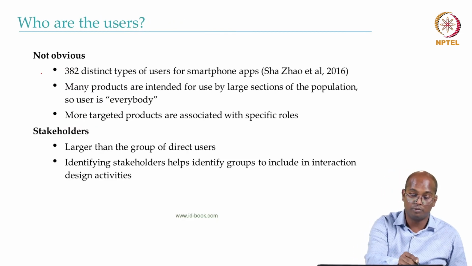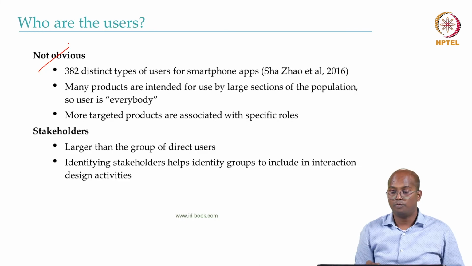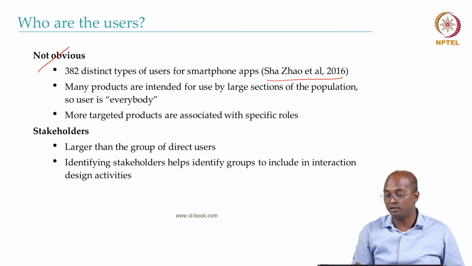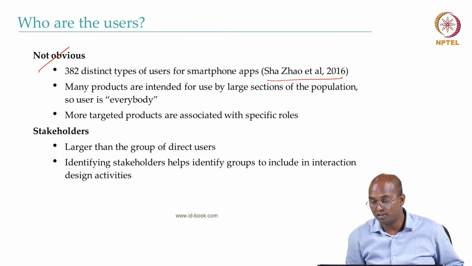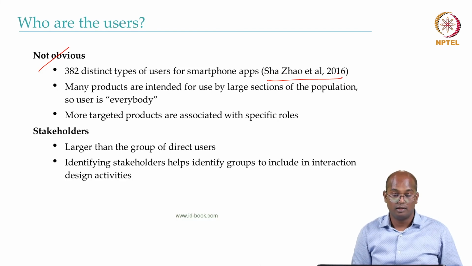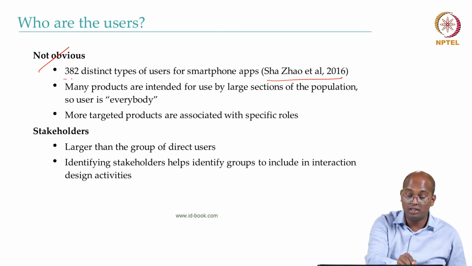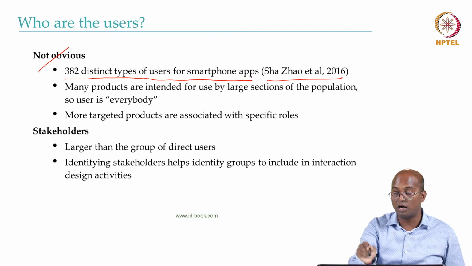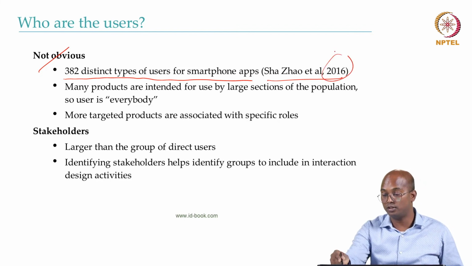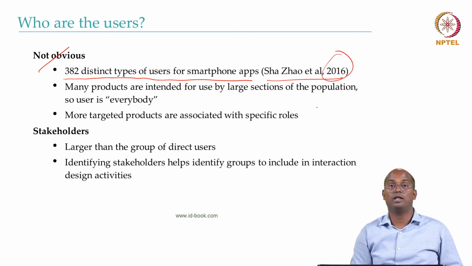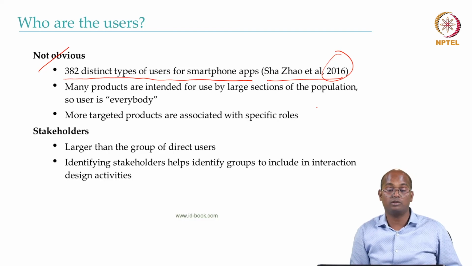So it's not obvious, because based on the study done by Shah Zhao et al. 2016, they've mentioned that there are 382 different types of users for smartphones, and that was in 2016. So now you can think about how many thousands of distinct types of users there are for smartphones.